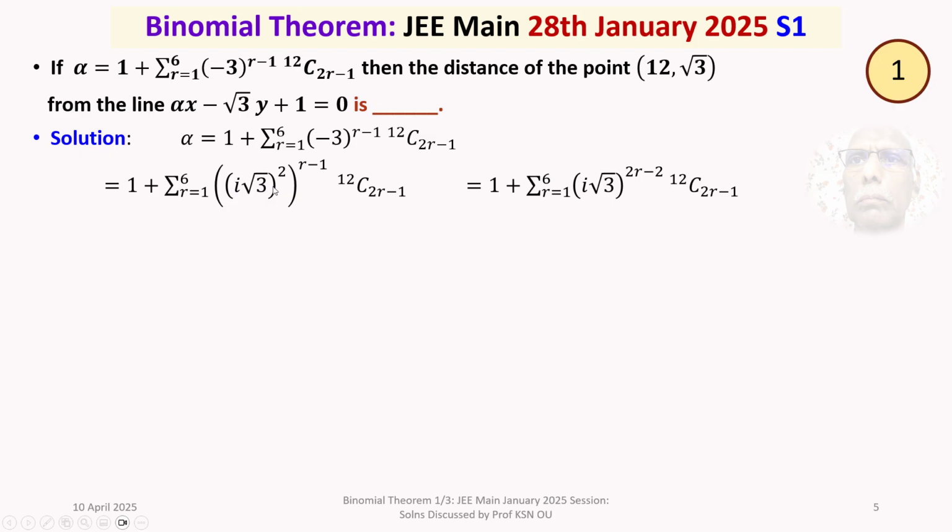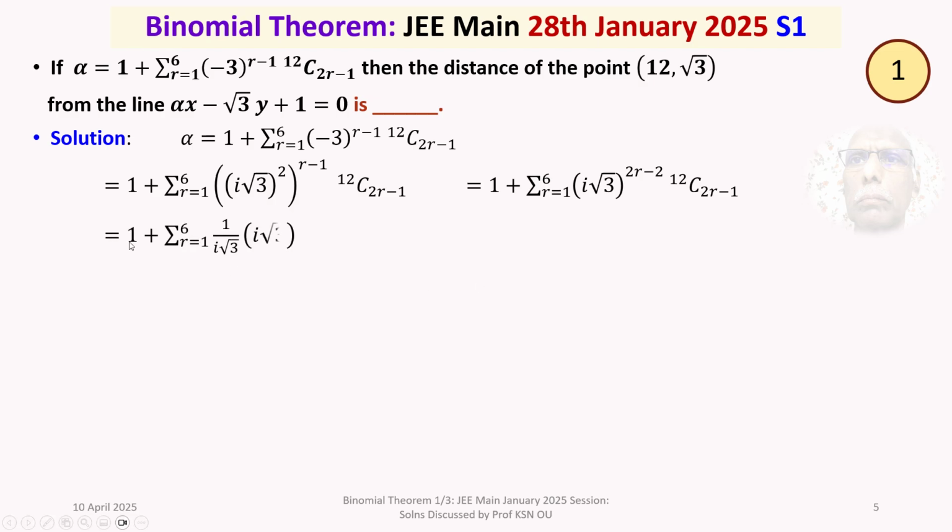So minus 3 to the power of r minus 1 times 12C(2r minus 1) becomes 1 plus sigma r is equal to 1 to 6 of (i root 3) to the power of 2r minus 2, because (r minus 1) into 2 in the powers, into 12C(2r minus 1).